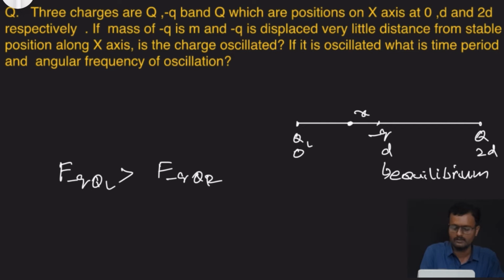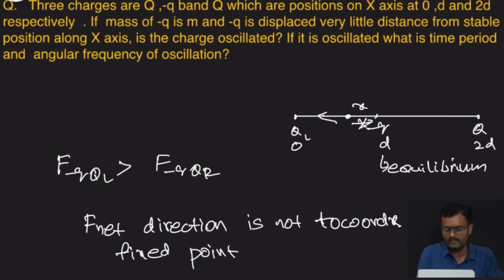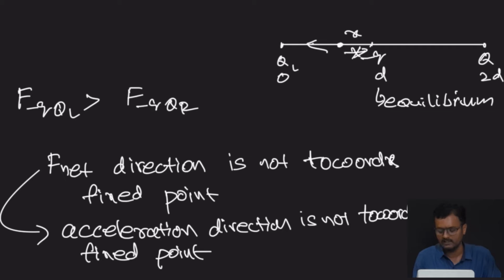So F net is towards this side. So F net is not towards the equilibrium point. F net direction is not towards the fixed point, so the acceleration direction is not towards the fixed point. Then it does not execute simple harmonic motion, so it is not oscillated.